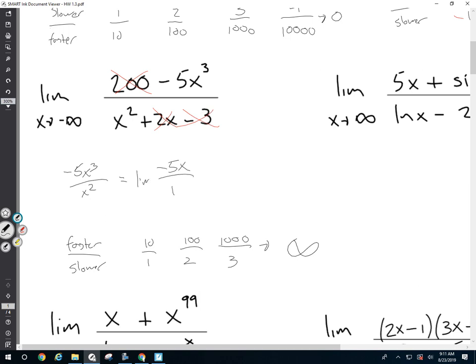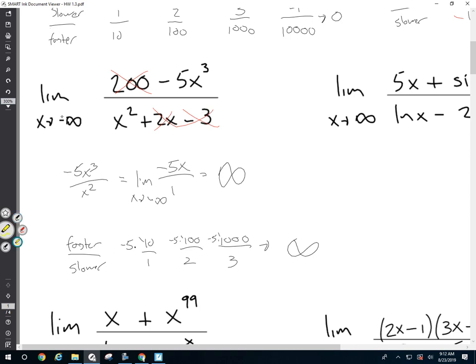If I plugged in negative infinity, I'd have a negative times a negative. That is why this is going to end up being a positive. And here, it would be like negative 5 times negative 10, negative 5 times negative 100, negative 5 times negative. That's why I know it's a positive.